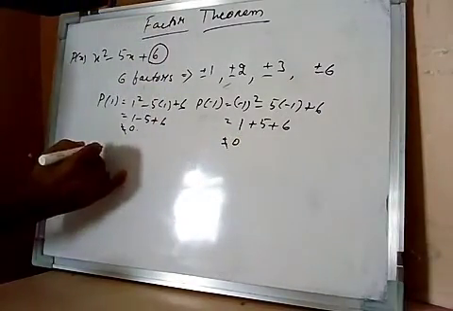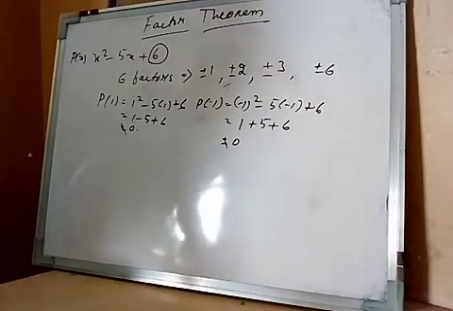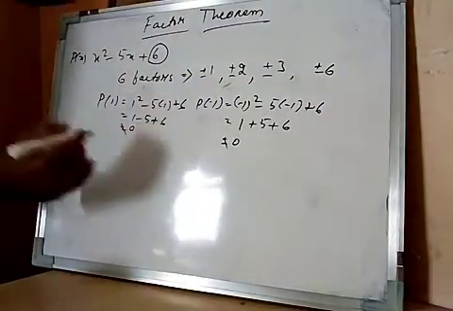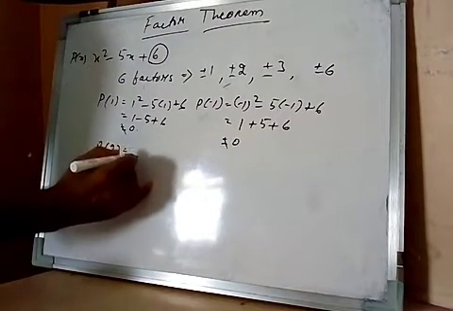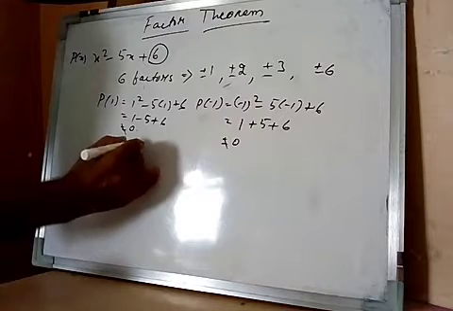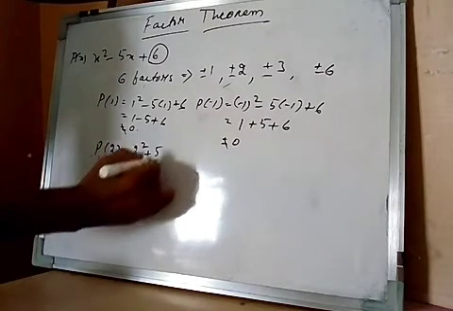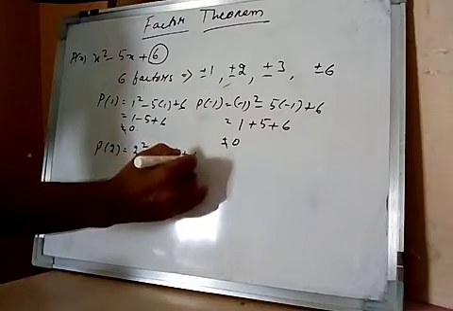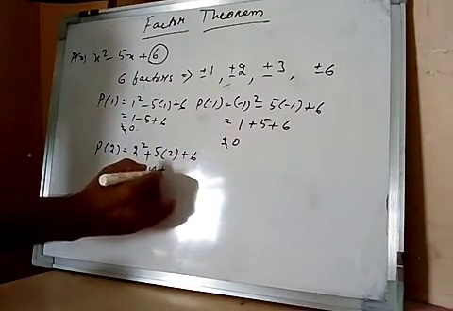Now we can take p of 2, that is 2 square minus 5 into 2 plus 6, 4 minus 10 plus 6.